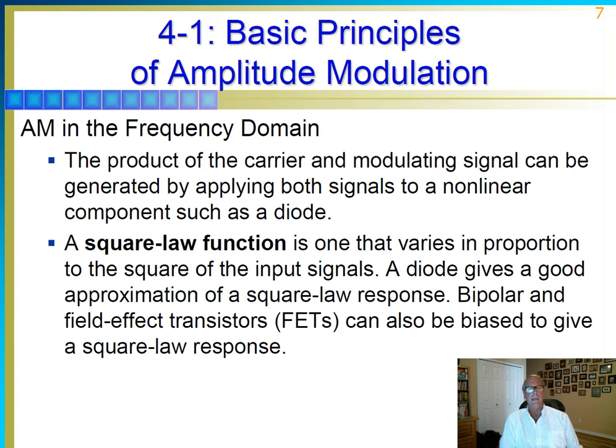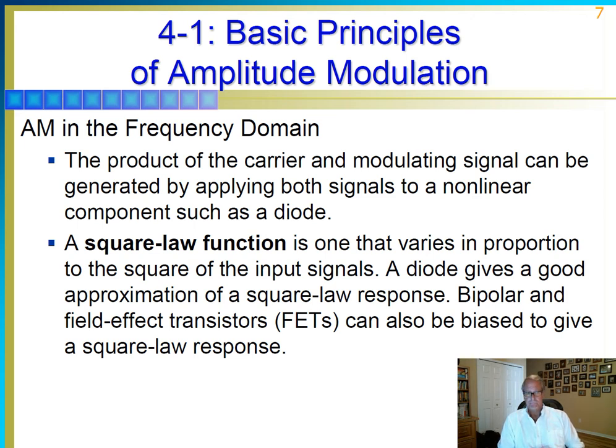How do you make AM using parts, using hardware? Well, a lot of times we'll use a diode, okay? You have to multiply signals together in order to create the AM waveform. One way to do it is to use balanced modulators and diodes, because diodes have this square law function.